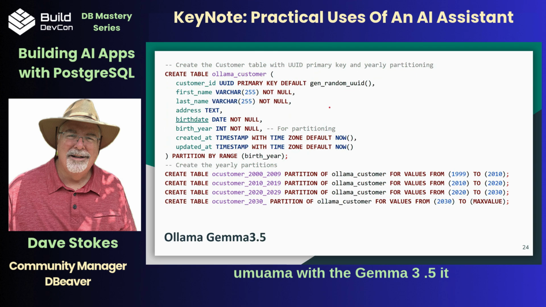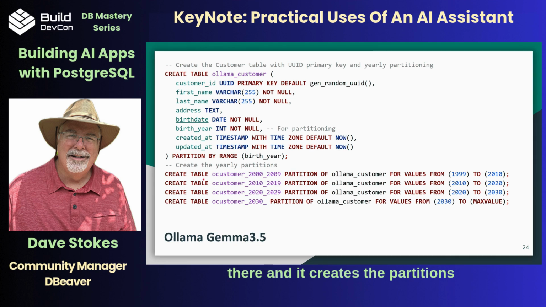Ollama with the Gemma 3.5 also does everything like you expect. A little different is it has birth date, which is a date field, not null. Birth year is an integer, not null. A created at and updated at timestamp with a default time zone of now, which I thought was an interesting bit there.